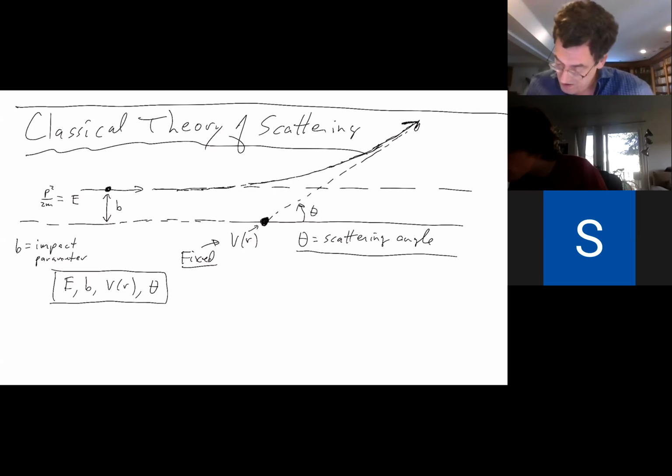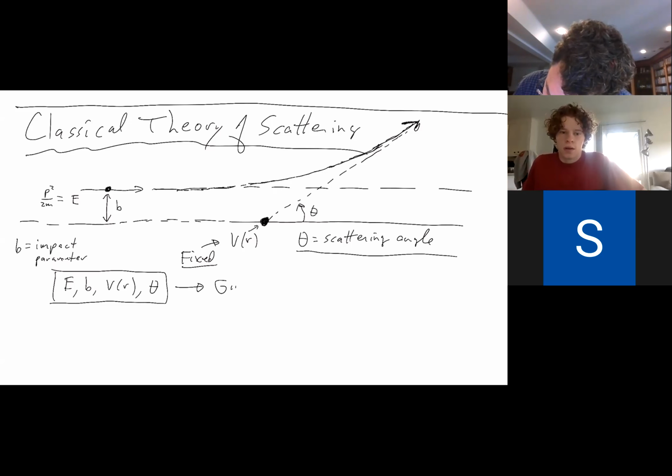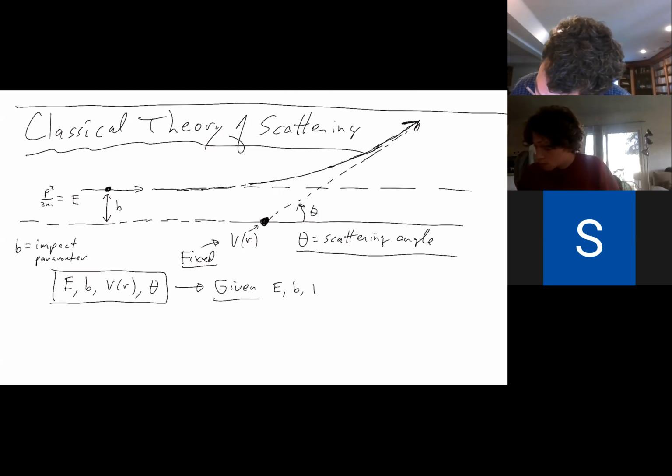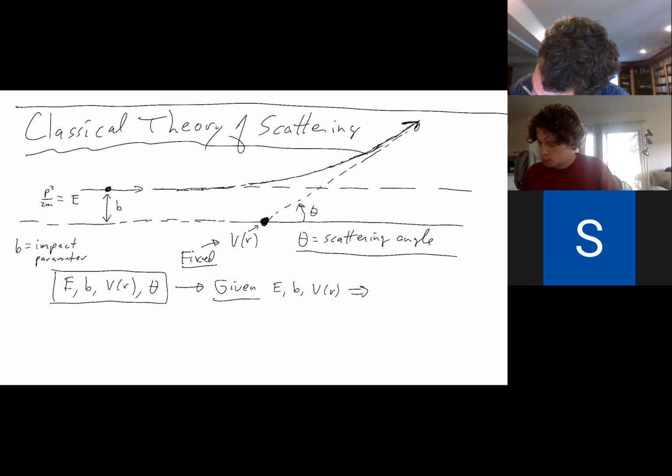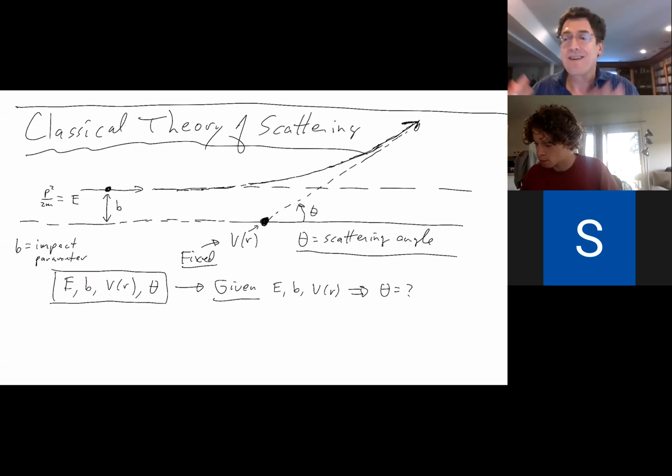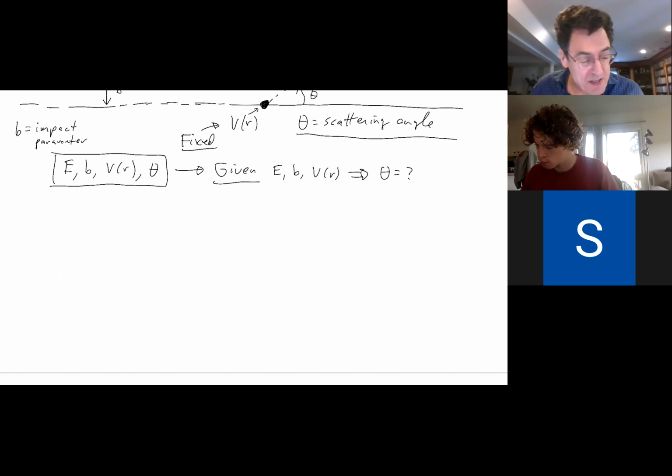For example, in the classical theory of scattering, you would say, if I gave you E, B, V of R, then what is theta? So that is the classical theory of scattering, to calculate theta from all those given things. If this was a classical mechanics class, that's what we would do. But we're not going to do it because classical mechanics is all wrong anyway, so who cares about it? We're going to do the quantum mechanical theory, which is more correct.